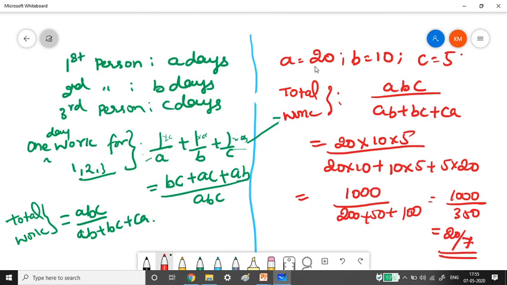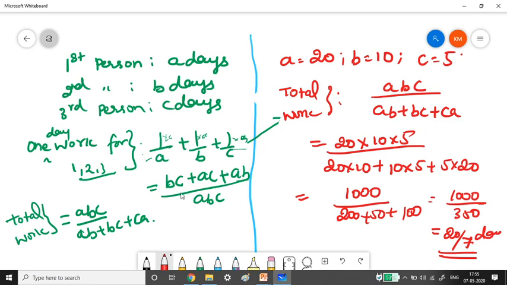So they take 20/7 days in total. You can leave it like this. You don't need to reduce it to a decimal and get confused. Just leave it as 20 divided by 7, that is enough. So this is the answer.